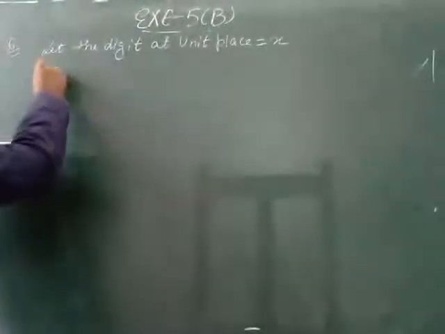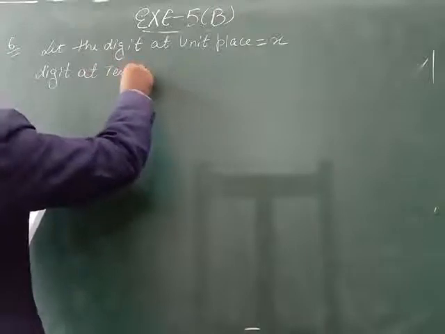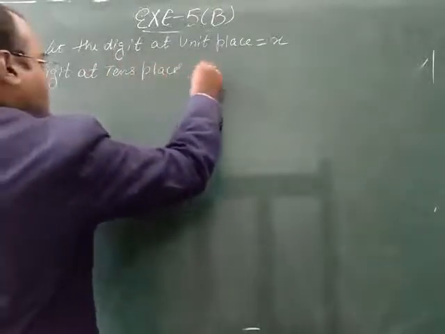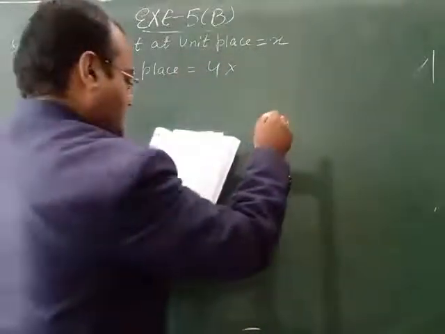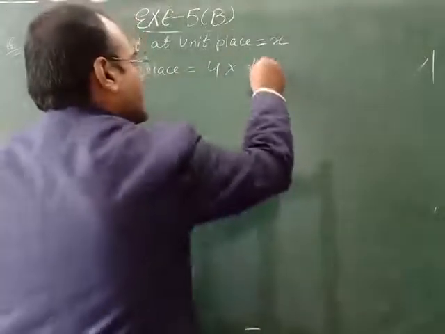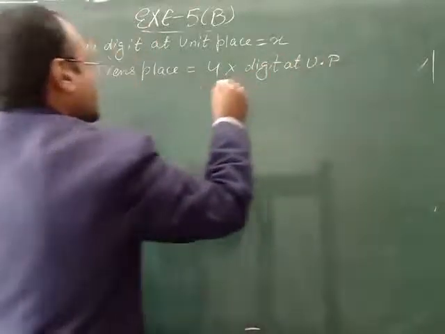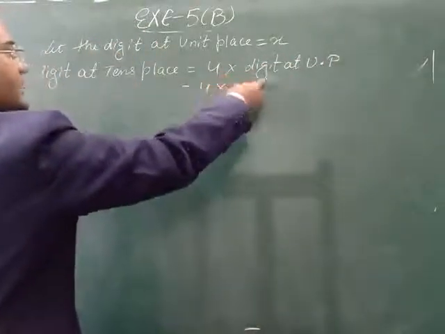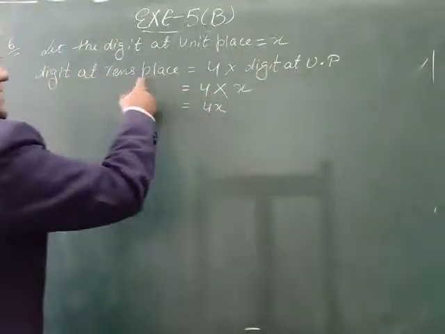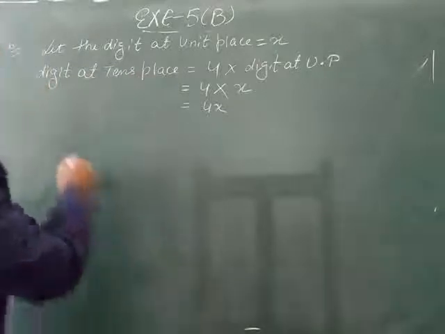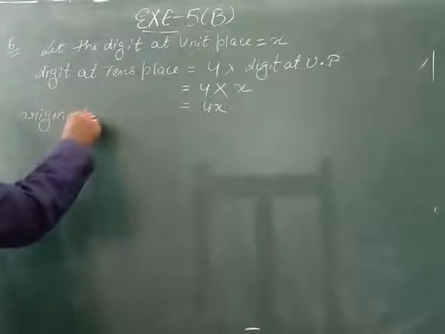So digit at tens place is equal to 4 times, that means 4 multiply digit at unit place. Digit at unit place is x. So that means tens place digit is 4x. Now we have to write the original number.